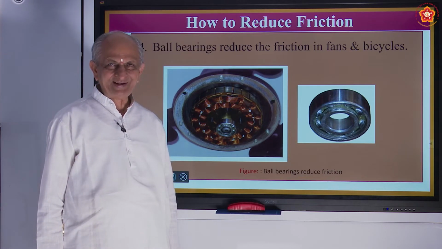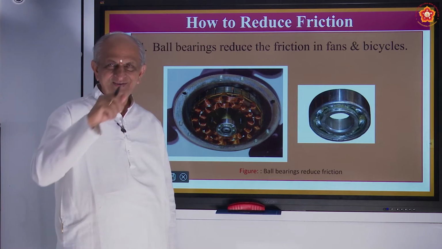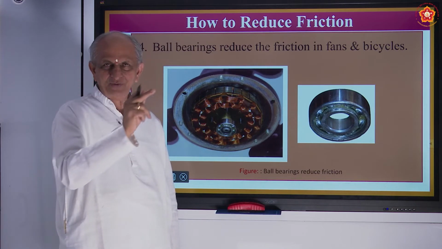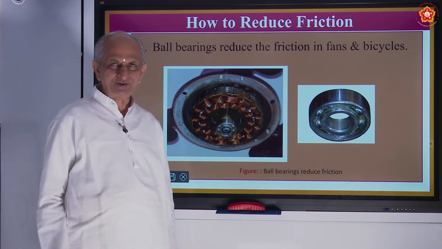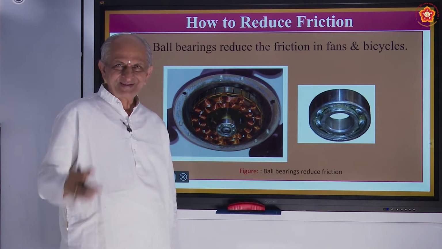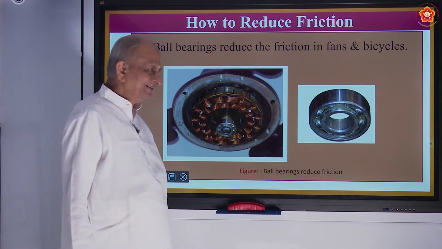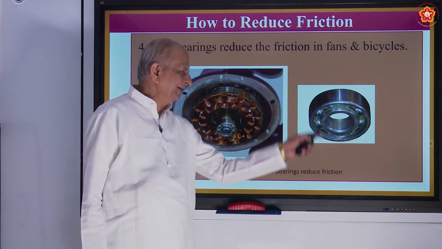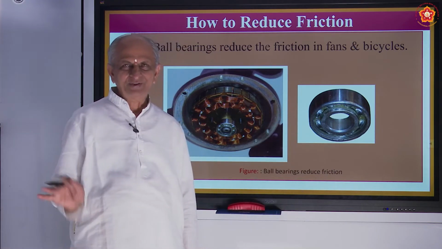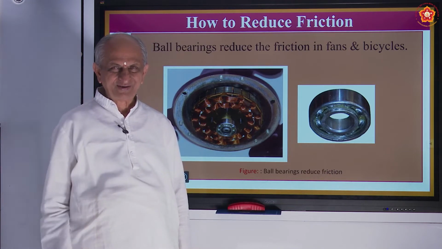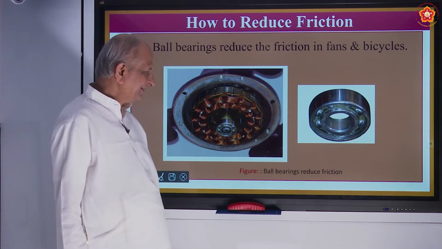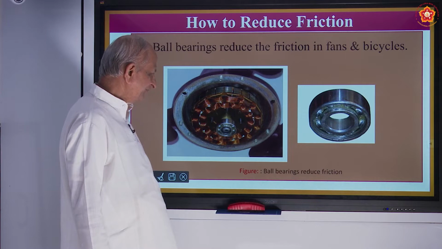You may be wondering sometimes when a fan is on, the wings make a sound, gada gada gada gada. Sometimes if they fall off, we feel afraid. So there, if you use the ball bearings, there is no fear that a fan may come down. It will be happy and safe.